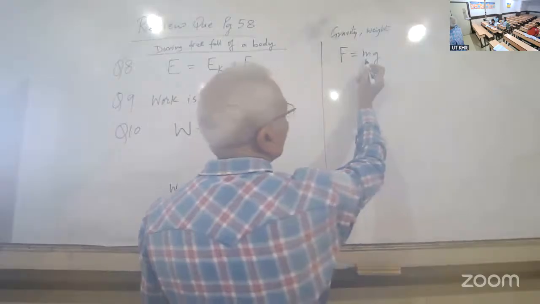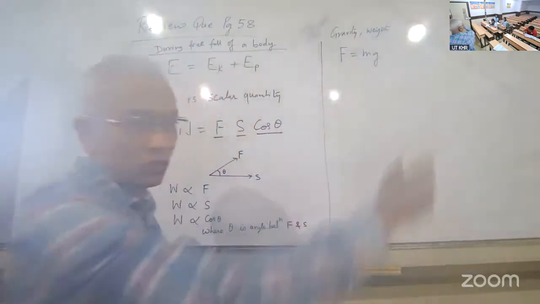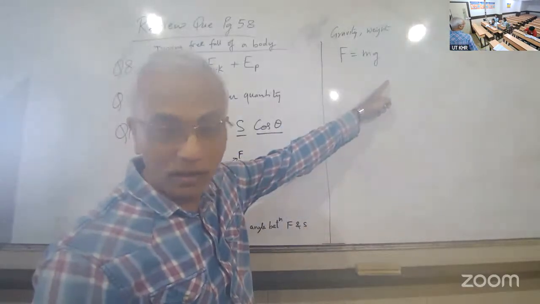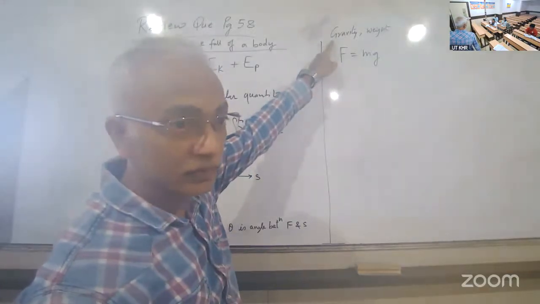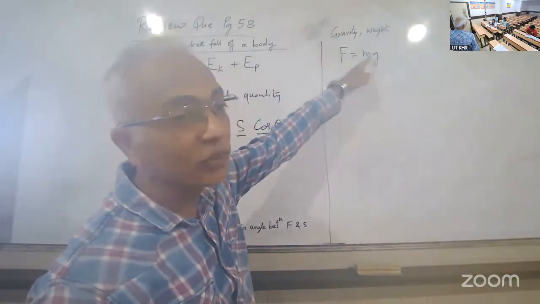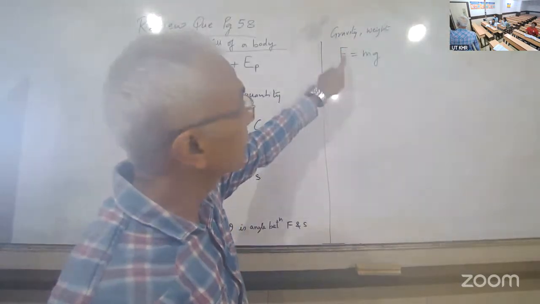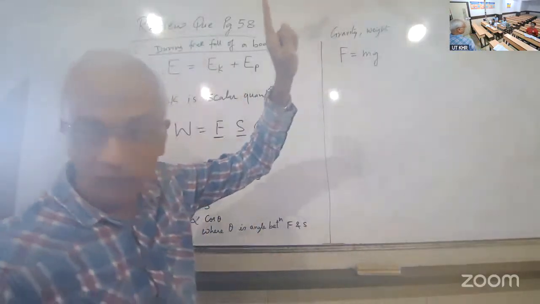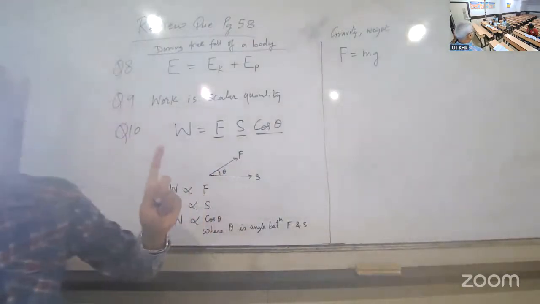The mass of the object multiplied by the acceleration due to gravity becomes the gravitational force, because force is mass into acceleration. Who is providing the acceleration? Gravity. That's why it is called acceleration due to gravity. Gravity is a force, and the gravitational force on the object is its weight. Our mass is different and our weight is different. Is that clear?